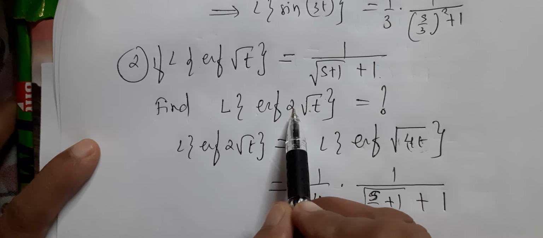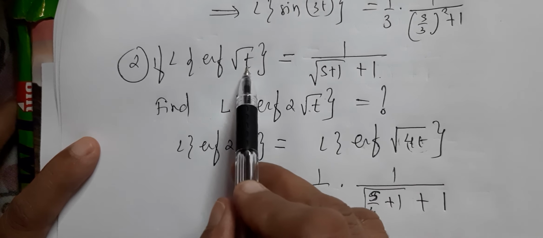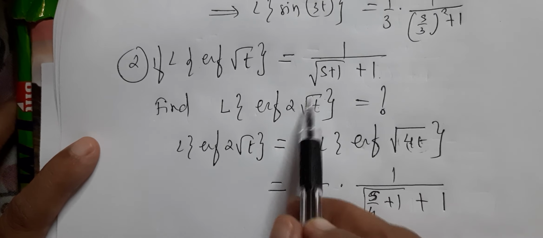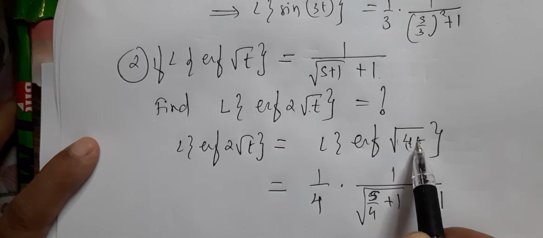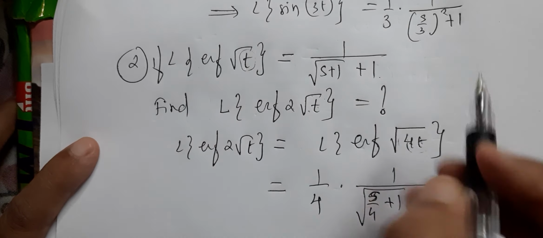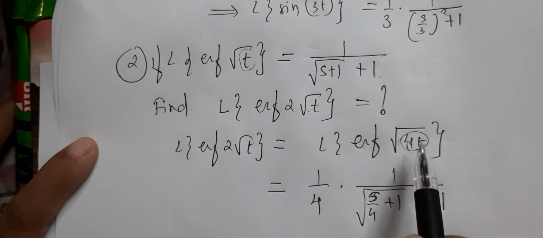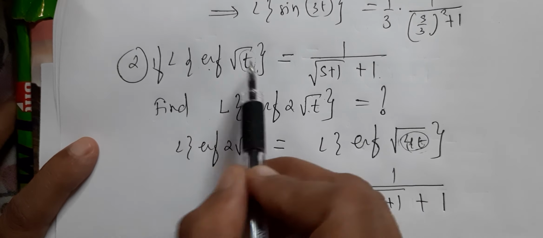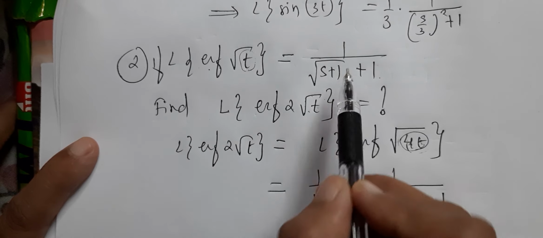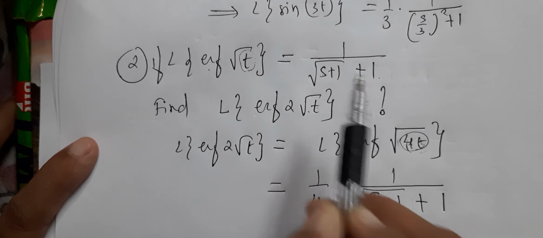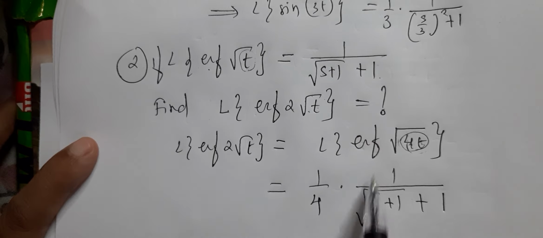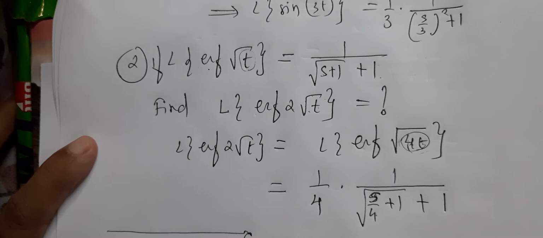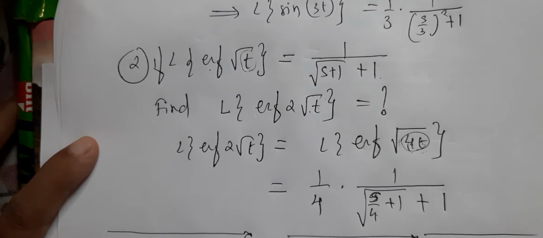But no, what was my sentence? In place of t, it should be at. So this 2 into root t, I wrote as root of 4t. Now in place of t it is 4t, meaning my a is 4. So whatever is Laplace of error function of root t, here we replace s by s by 4, and into 1 by 4. And that is our change of scale property.